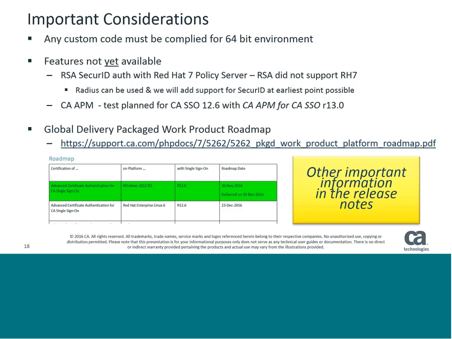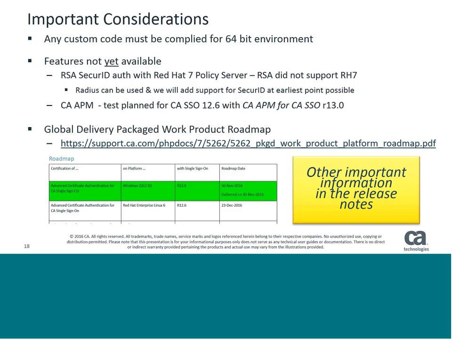Features that are not yet available. One of the things when we built 12.6 was we went to the RSA organization and said, hey guys, do you have an SDK that will allow us to build support for SecurID authentication into our Red Hat 7 policy server? At the time they didn't. They do now, but they didn't then.